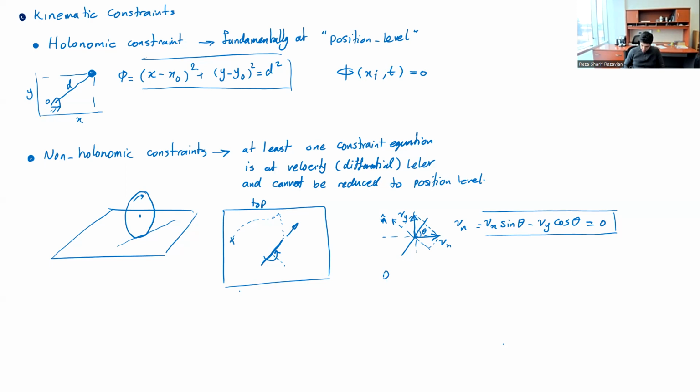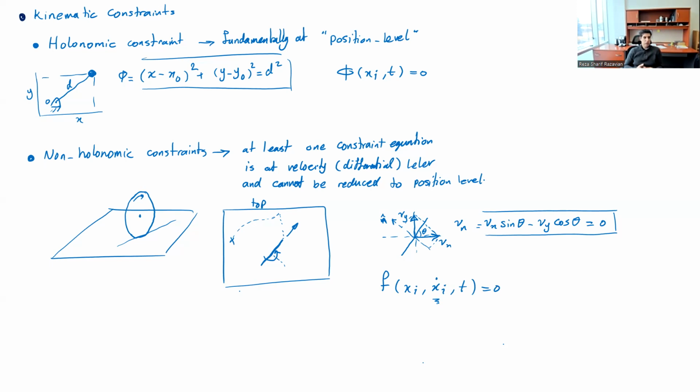The non-holonomic constraints are usually written as a function of position coordinates, the velocity coordinates, and possibly time. And the existence of non-reducible velocity terms is what makes a constraint non-holonomic.